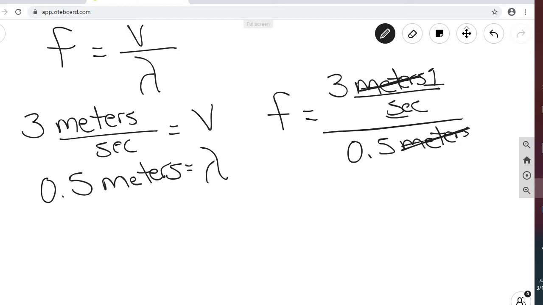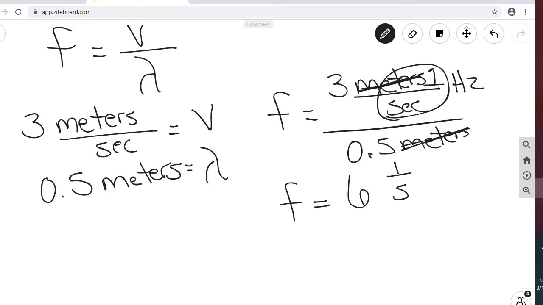So the units that we have are 1 per second. Remember, that's called a hertz. And if we do the math, 3 divided by 0.5 is 6. So our answer would be 6 1/seconds, or we use the unit hertz for 1 per second.